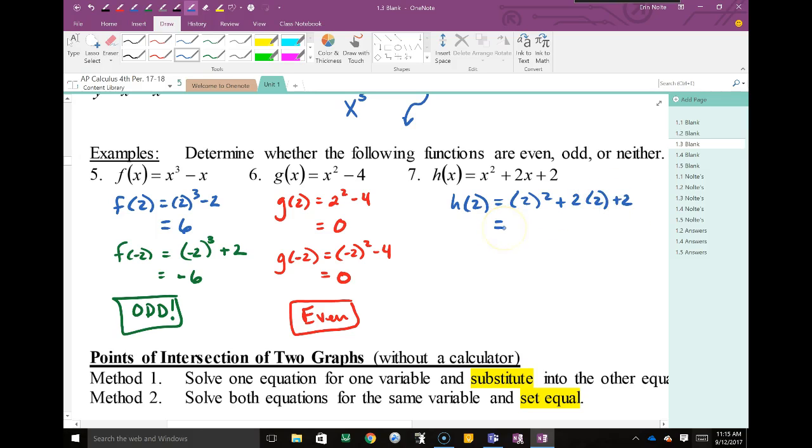So 4 plus 4 is 8, 8 plus 2 is 10. And if I plug negative 2 in, do I get 10 again? Negative 2 squared plus 2 times negative 2 plus 2. That makes 4 minus 4, which is 0. And 0 plus 2 is 2. So it is a neither.